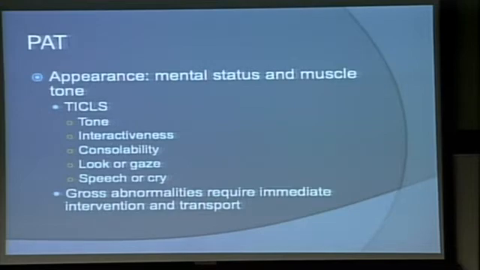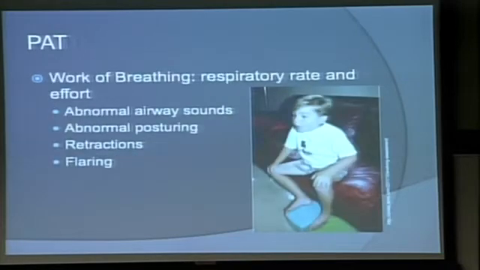You know what an abnormal cry sounds like. Obviously, gross abnormalities require immediate intervention. So if they're totally floppy, not breathing, having difficulty, stridorous, you need to deal with them right away. That's a quick answer.